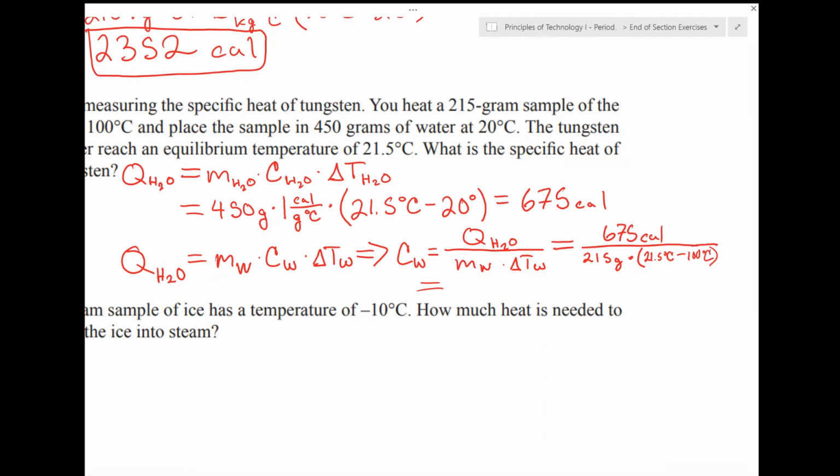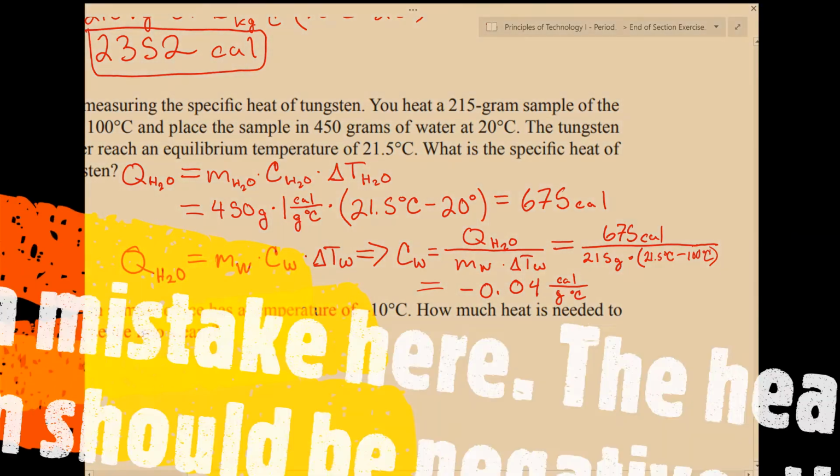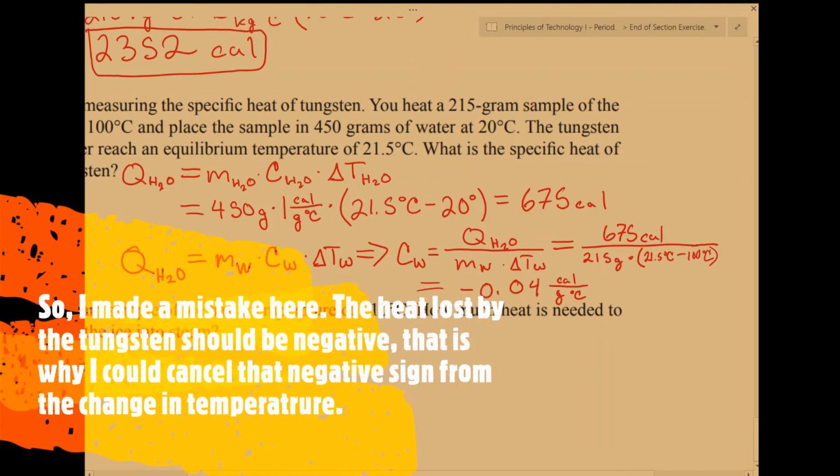When we calculate this out, we are going to get a negative 0.04 calories per gram degrees Celsius. However, it's specific heat, so it is going to be a positive number, and it's going to be 0.04 calories per gram degrees Celsius.